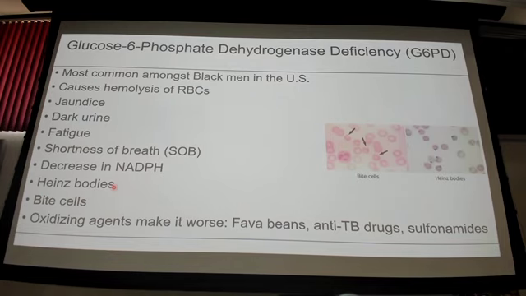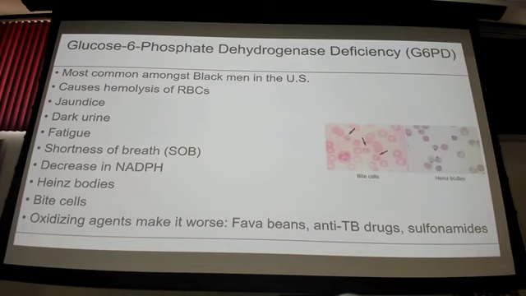And then there's going to be Heinz bodies and bite cells. Basically, Heinz bodies shown here are degraded hemoglobin. Those little dark purple spots are the degraded hemoglobin.